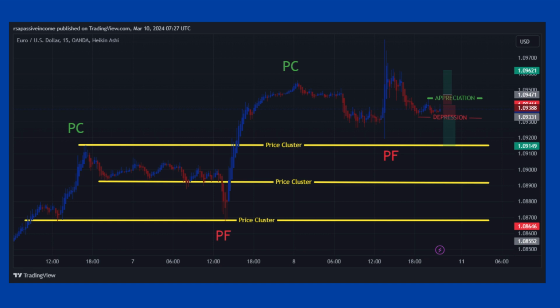Carrying on with analysis. So the next thing that I'll be looking for is appreciation and depreciation levels, right? So with this current price, I can observe them here, from here, there.